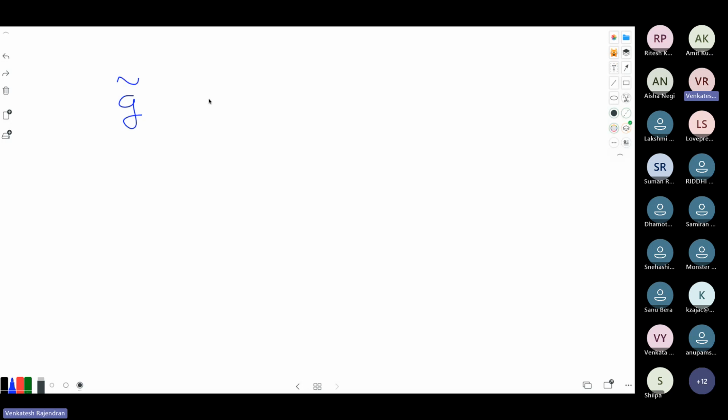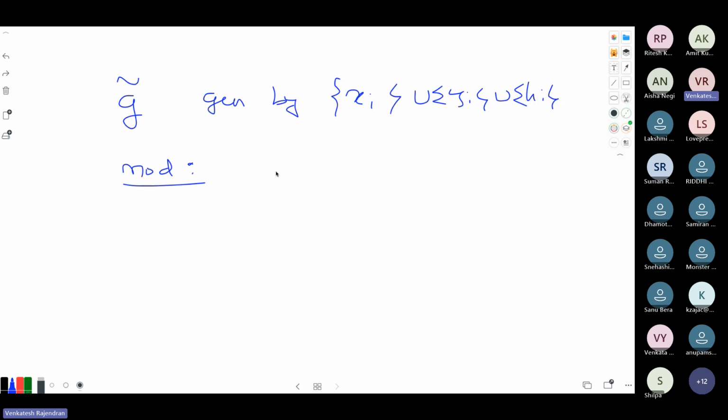So G tilde is again generated by x_i, y_i, h_i, modulo the relations.